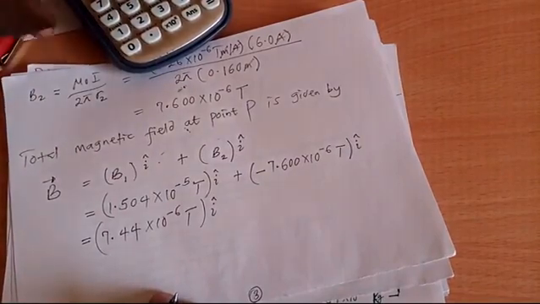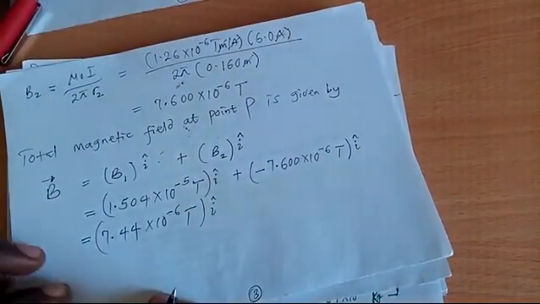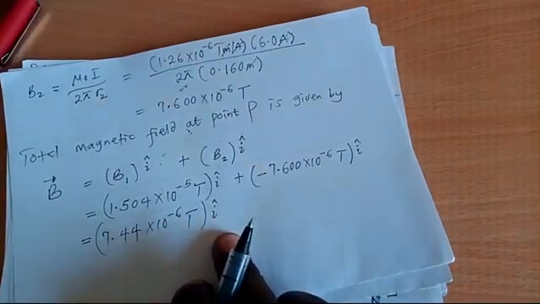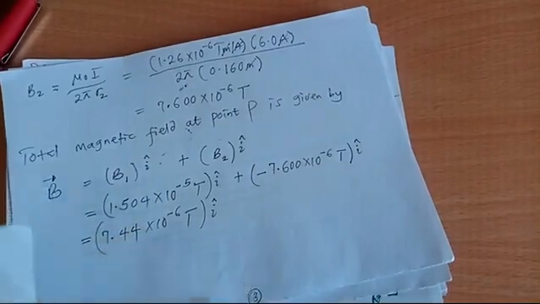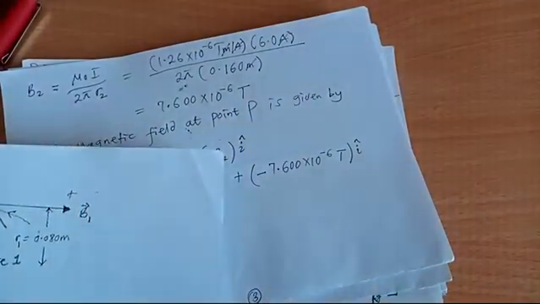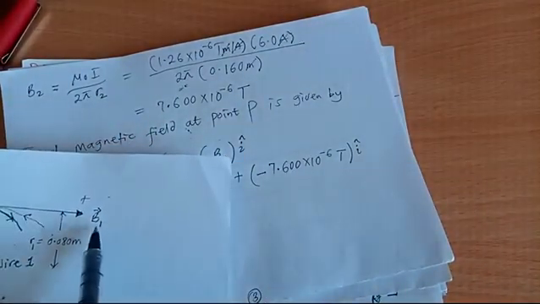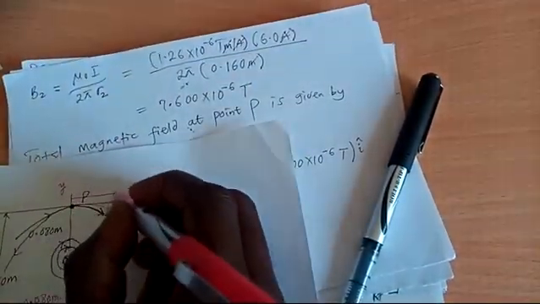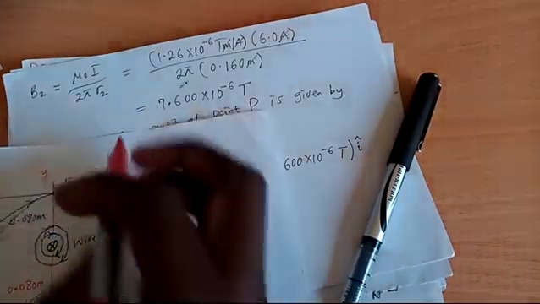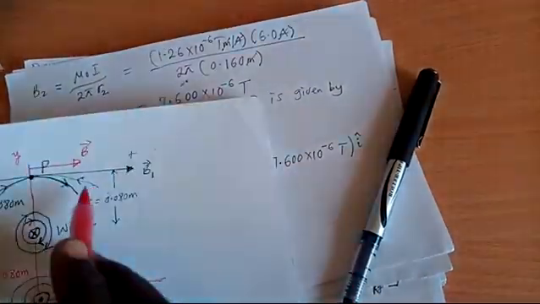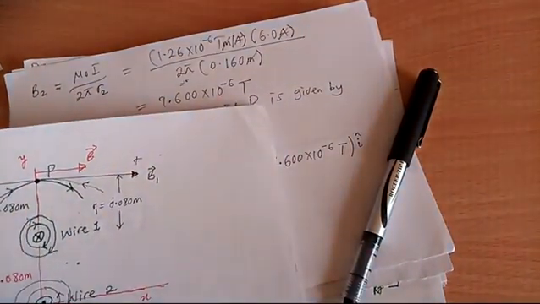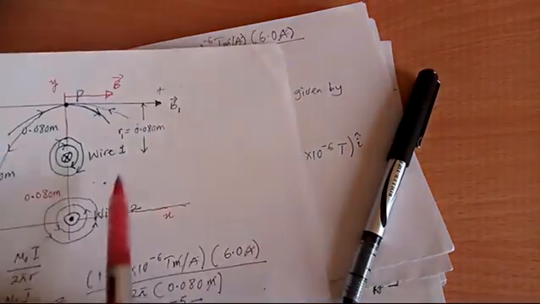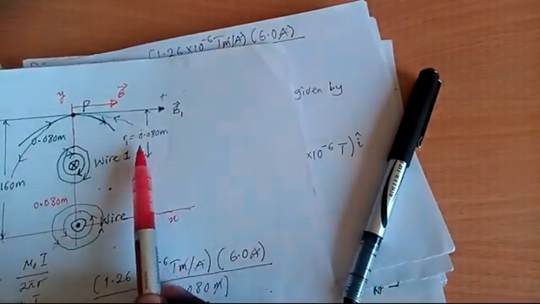Okay, they are positive. It means that the resultant field, since it is positive, the total of this and this is in the direction of B1, meaning this B that you have is directed along here. It has the same direction as B1, this total vector. This is the sum of this and this, and it is in the same direction as B1. And we see that this B1 is into the page.